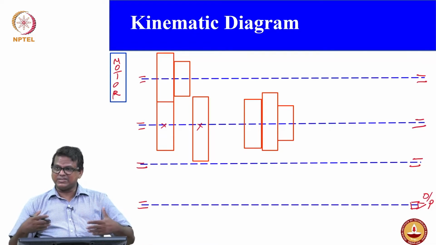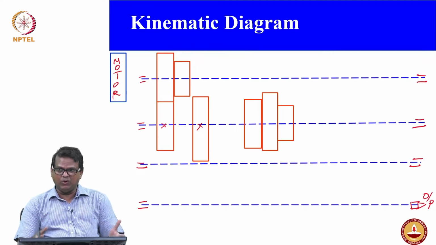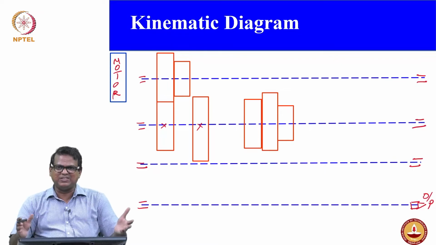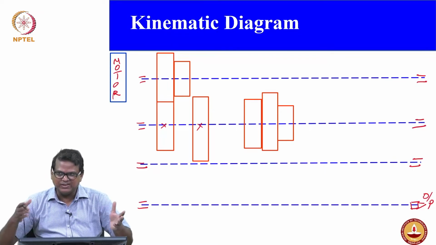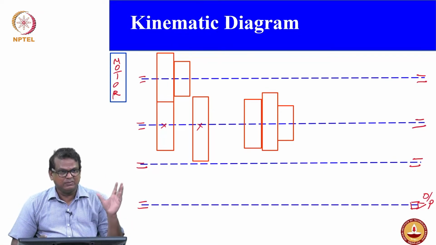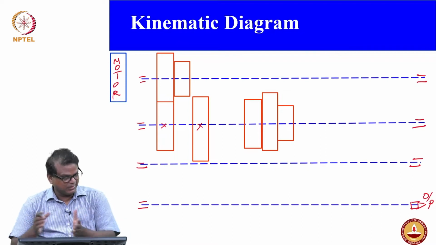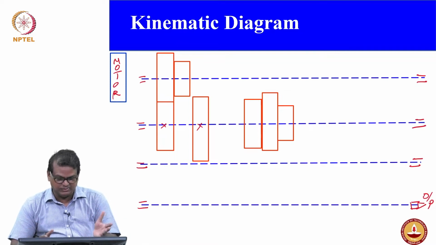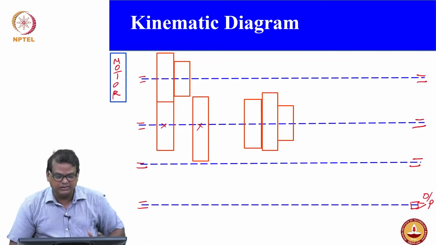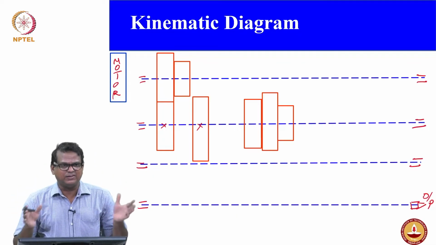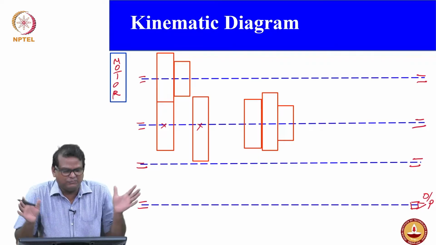One more thing, understand that dynamics will also be involved, but our focus is not dynamics, it is about understanding the design, okay. The placing of gears is also very critical based on the dynamic analysis, balancing the rotating masses, right? That also plays a crucial role in the kinematic diagram. However, we restrict ourselves only to understanding how to place the gears. That's how we are going to focus.